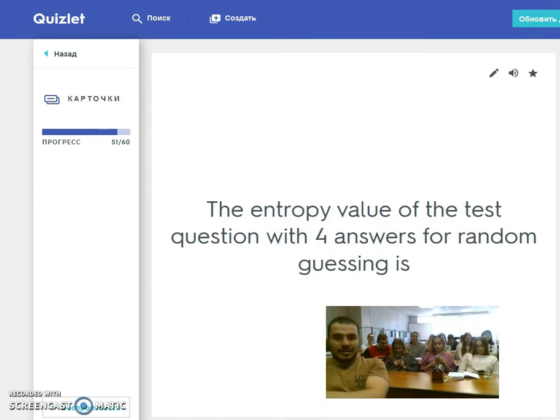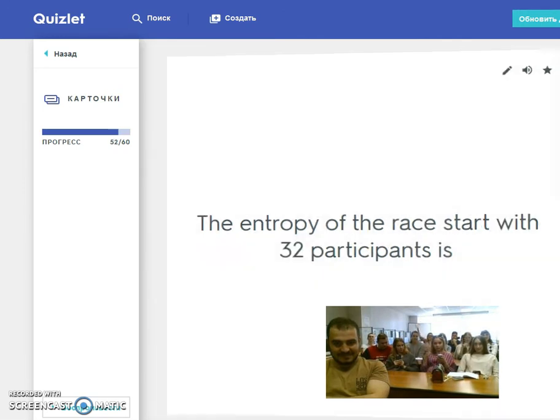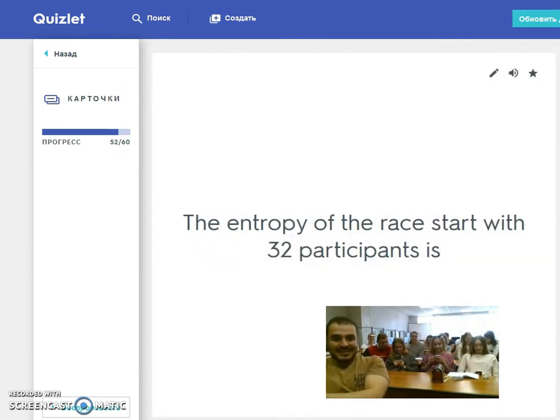The entropy value of a test question with 4 answers for random guessing is. The entropy of a race start with 32 participants is.